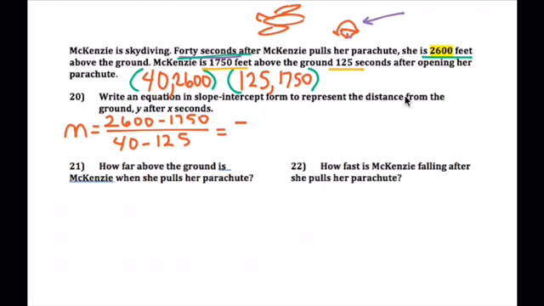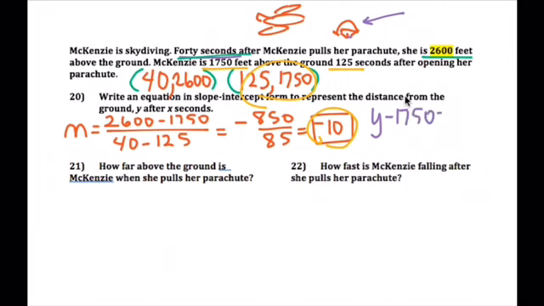So I'm going to have 850 over negative 85, which comes out to negative 10. That's my slope. So I can use my slope and one of my points to write the equation of the line. So y minus 1,750 is equal to negative 10 times x minus 125.